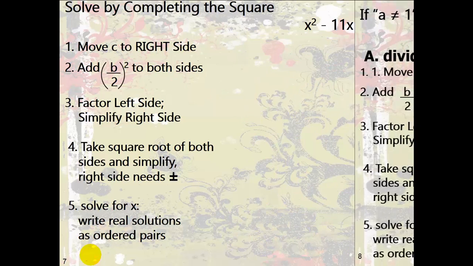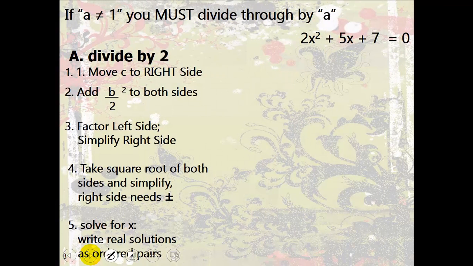We're about to do our last example, and notice that we have an a that is not 1, so we have to divide through by 2. So this new equation becomes x squared plus 5 halves x plus 7 halves equals 0.